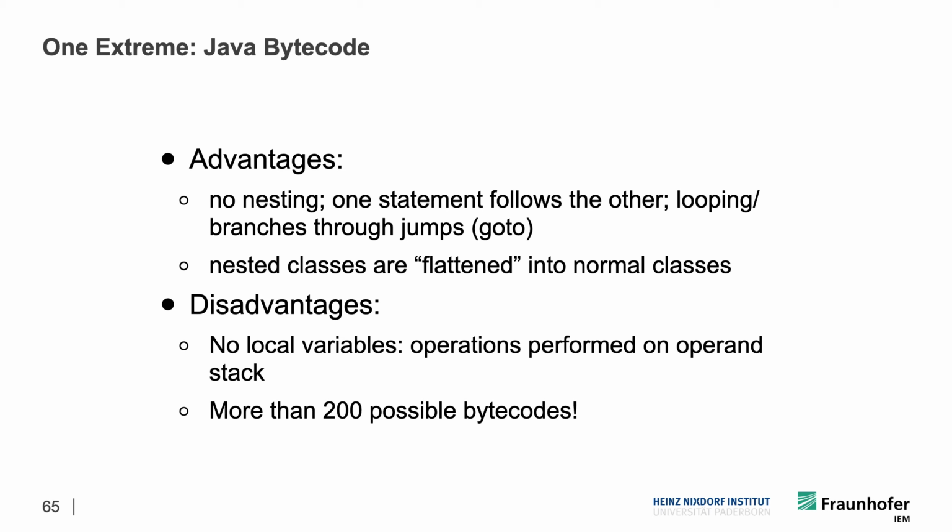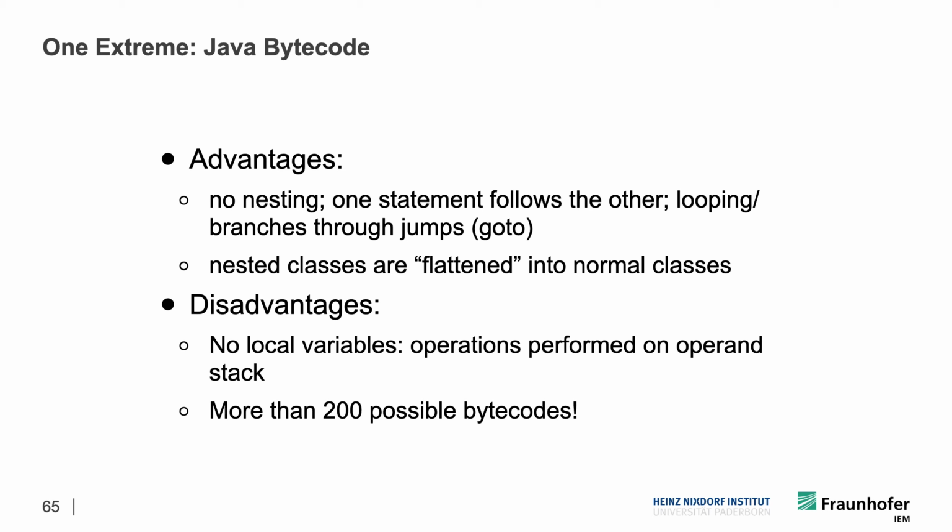Another extreme would also be Java bytecode. You could also decide to directly analyze bytecode. So this also has some advantages. For instance, there is no nesting. In Java bytecode, you cannot have any nested statements. One statement directly follows the other. And also looping and branches, they are all modeled in the same way, basically through goto statements. You can have conditional and unconditional gotos, that's it.